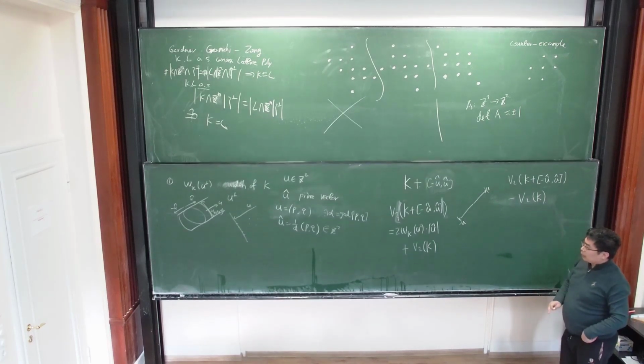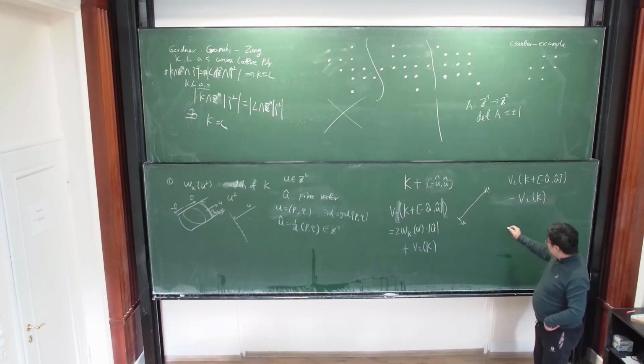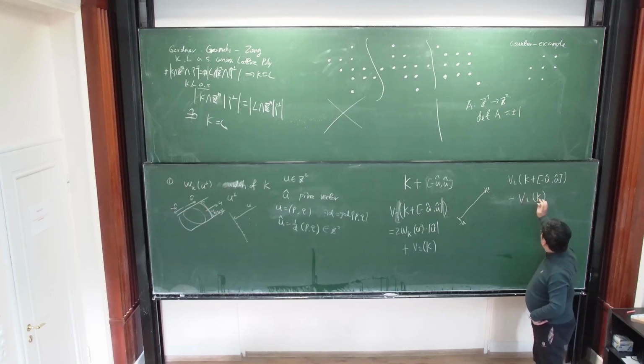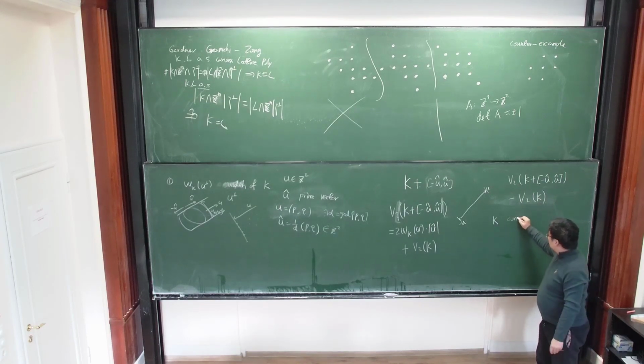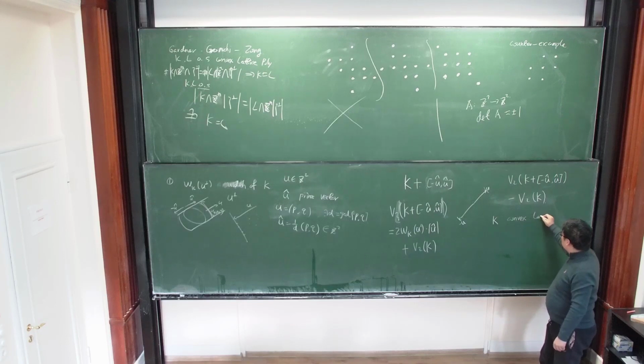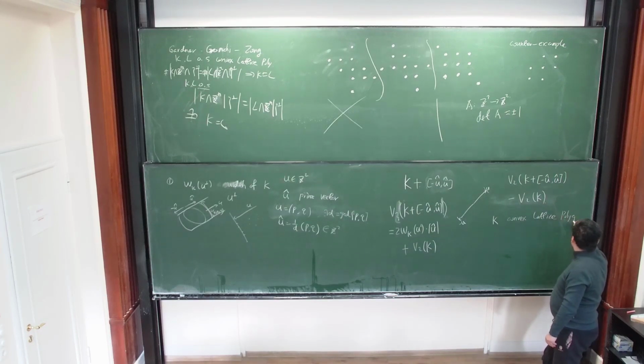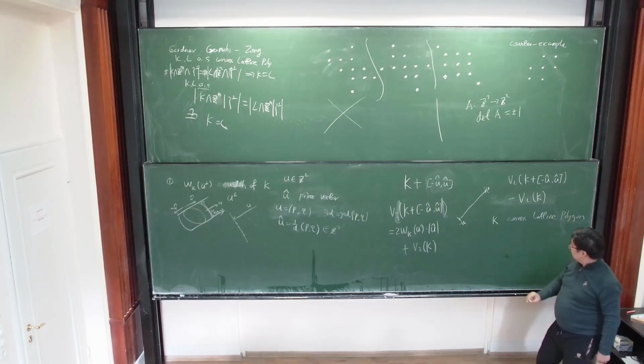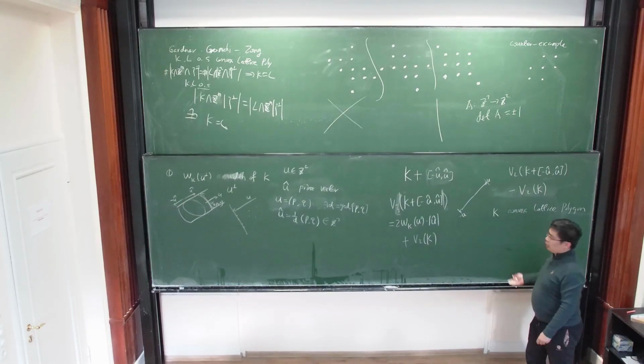Now we will think about the key ideas. If K is a convex lattice polygon, then it is not needed to be origin symmetric.